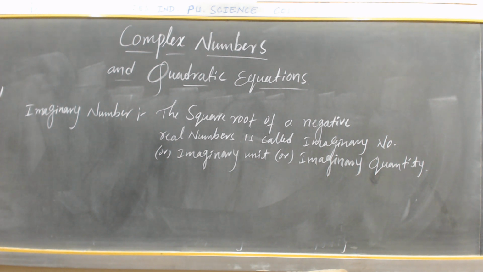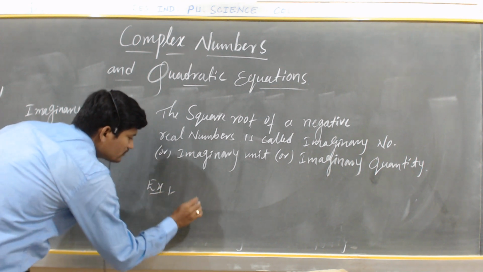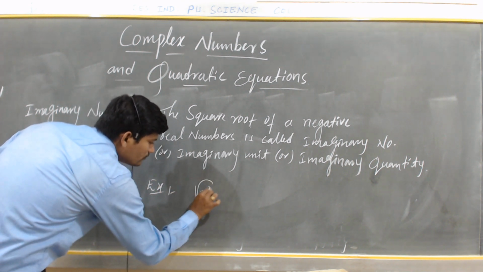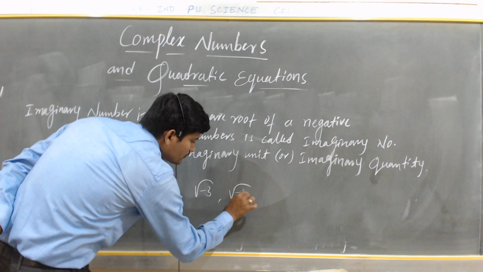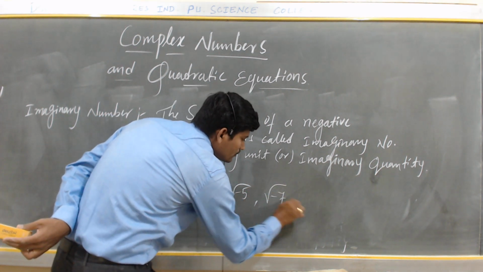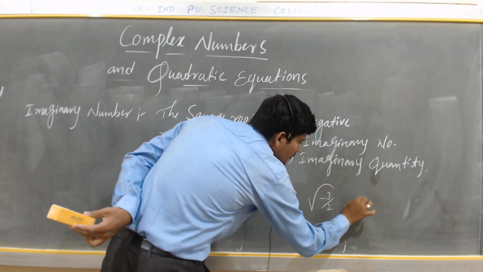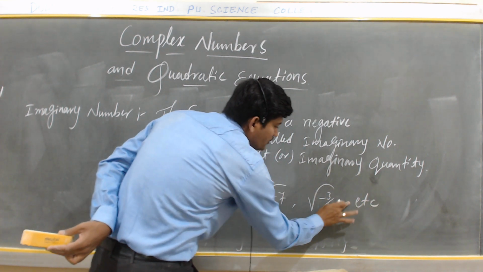Okay, dear students, next we will go to another concept. I will write the examples: square root of minus 3, square root of minus 5, square root of minus 7, square root of minus 3 by 2, etc.